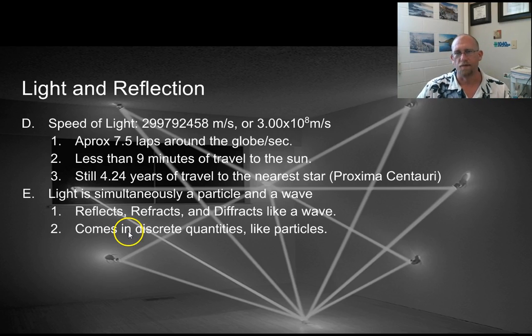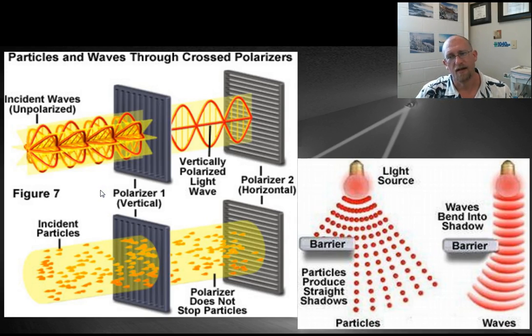And so we have had wars in physics about is it a particle or is it a wave? And just some of the examples here, when we analyze it, we can polarize it, and polarizing is something that happens to waves. Particles don't polarize. But we also look at the fact that we can measure light in a quantum.